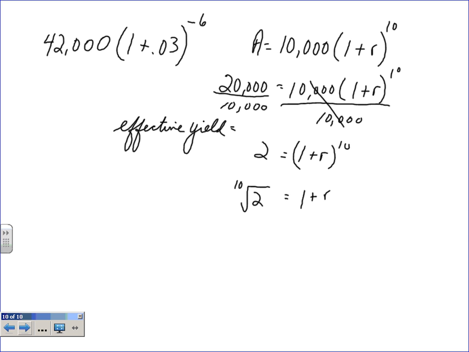Remember, the bottom number is the root. I could take 2 to the 0.1 power. 0.1 is 1/10. I could do this in your calculator. Hit 10 first in your calculator. Go to your math program. Scroll down to the x root. Enter on that, number 5. That's the 10th root of 2.